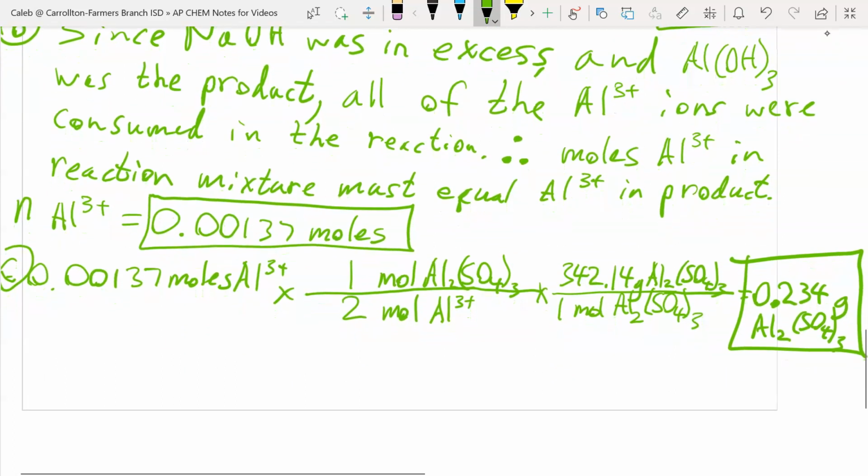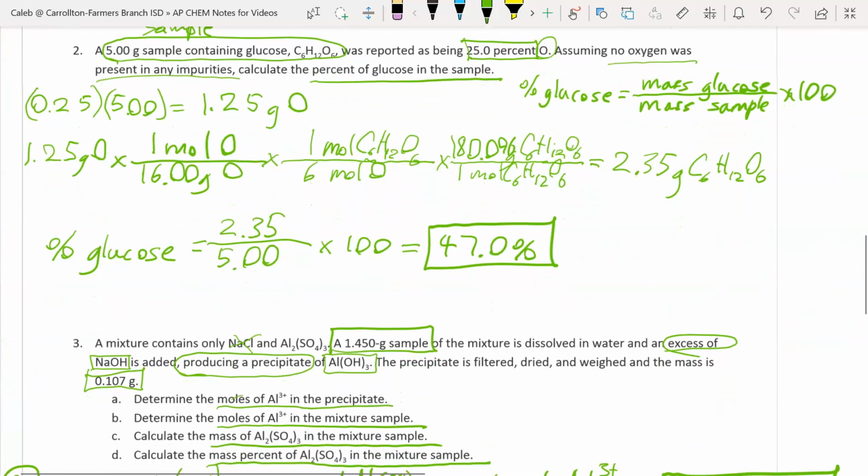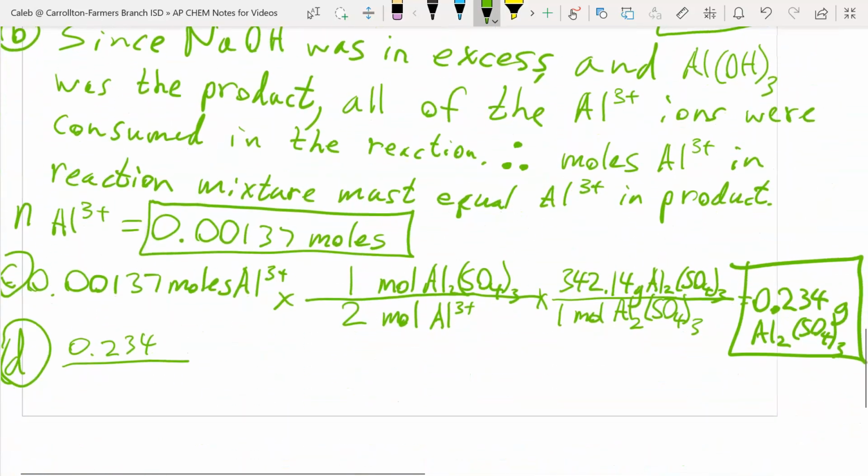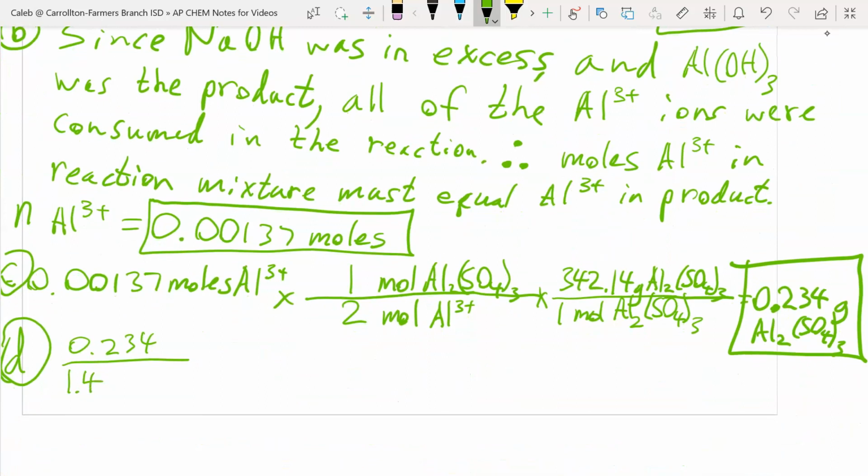It's part C. Now part D, we are going to take the amount of aluminum sulfate divided by the amount of the sample, 1.450, times 100, and you end up with 16.8%.